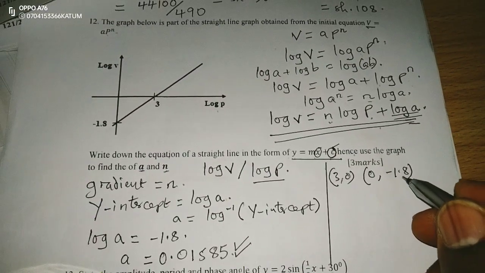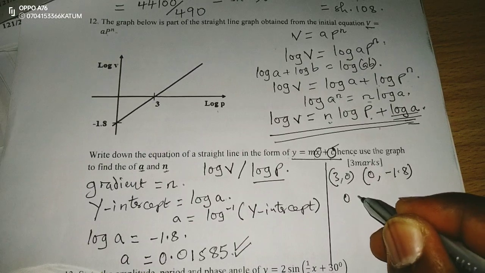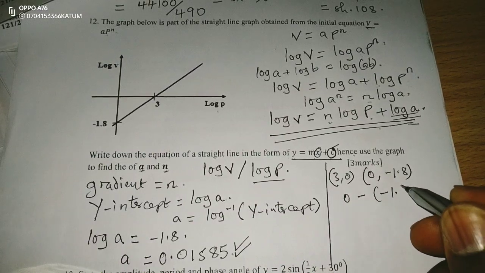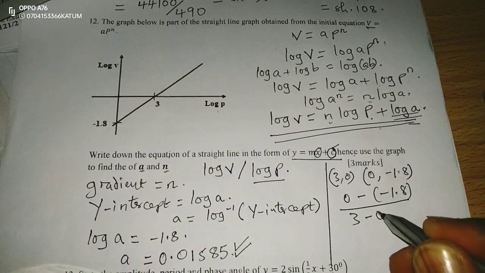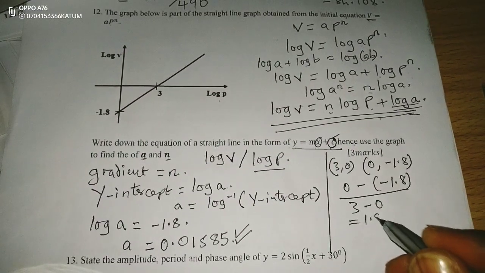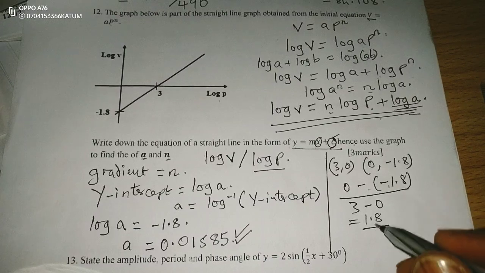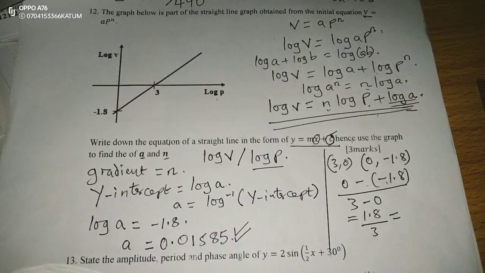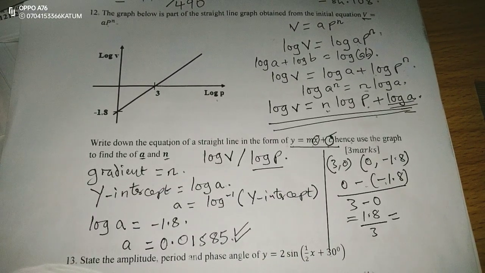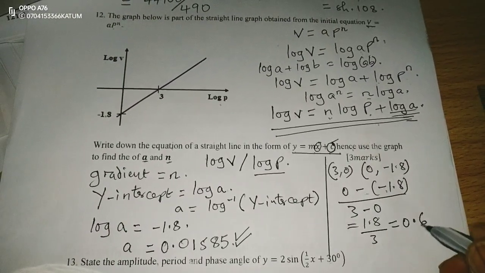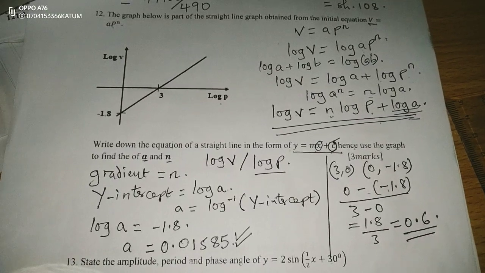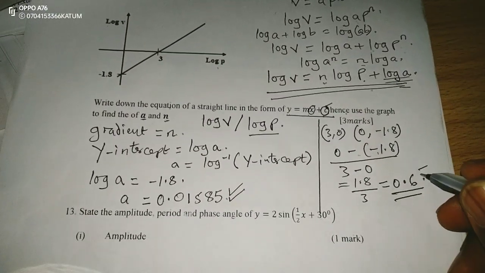Therefore, change in y is 0 minus negative 1.8, divided by change in x, 3 minus 0. So I have 1.8, because this becomes positive, divided by 3. 1.8 out of 3 becomes 0.6. Therefore, the value of n is 0.6.